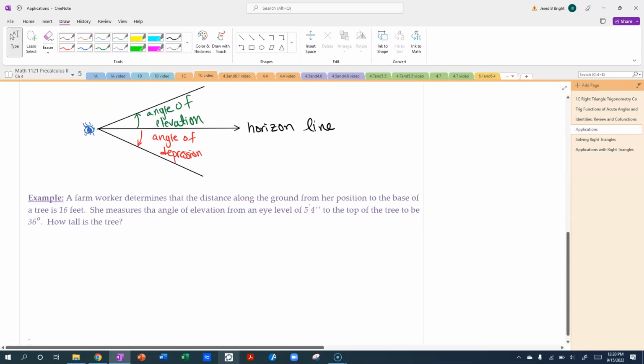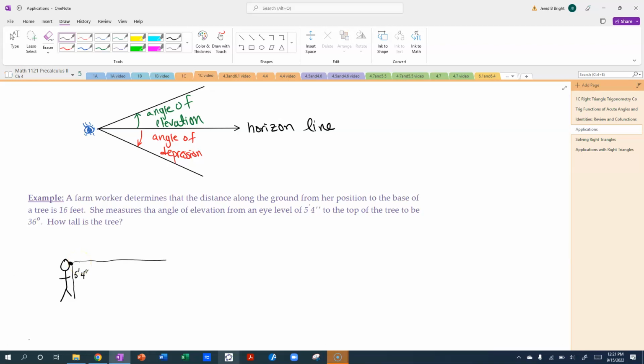Okay, so here's our next example. Farm worker, and so on. So the farmer is saying that from her eye level, which is already 5 feet 4 inches high, she is looking at a tree.